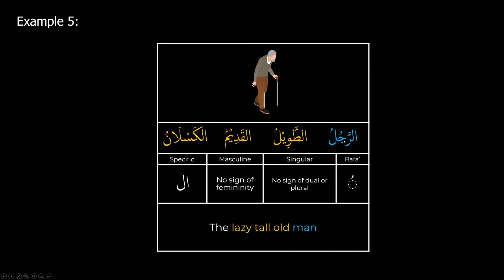We know all of them are masculine because there's no sign of femininity. And we know they're all singular because there's no sign of dual or plural. And we know they're all in the state of rafa because of the dhamma ending. Therefore, you would translate this as the lazy, tall, old man, right? So these are your adjectives, which is the sifa, and this is your mawsuf, which is the word being described.